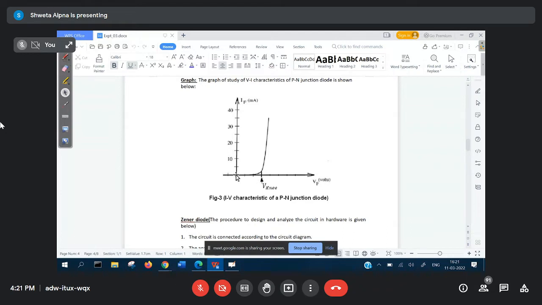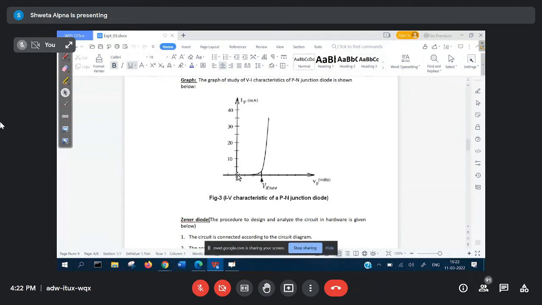There is voltage present between 0 and the knee voltage, but there is almost no current, very little, microampere or nanoampere. Why is this happening? Because the voltage from the power supply from 0 to knee voltage is not enough to overcome the barrier potential of the PN junction diode. Therefore, no current flows through the diode.